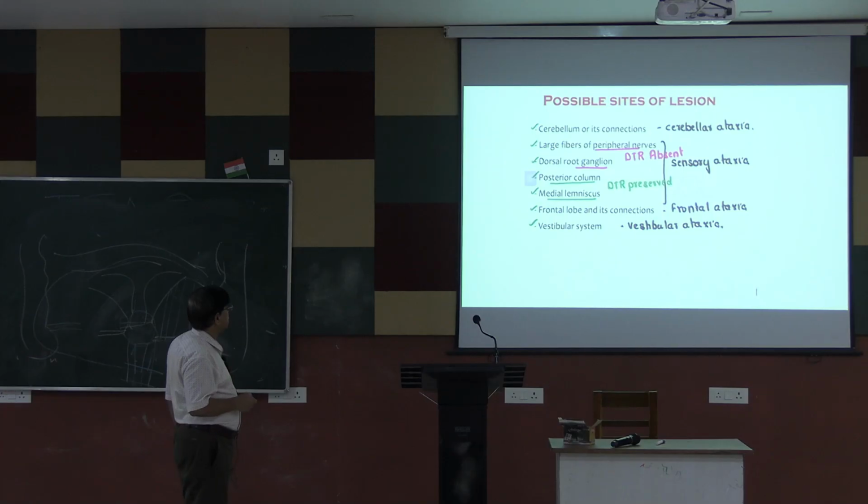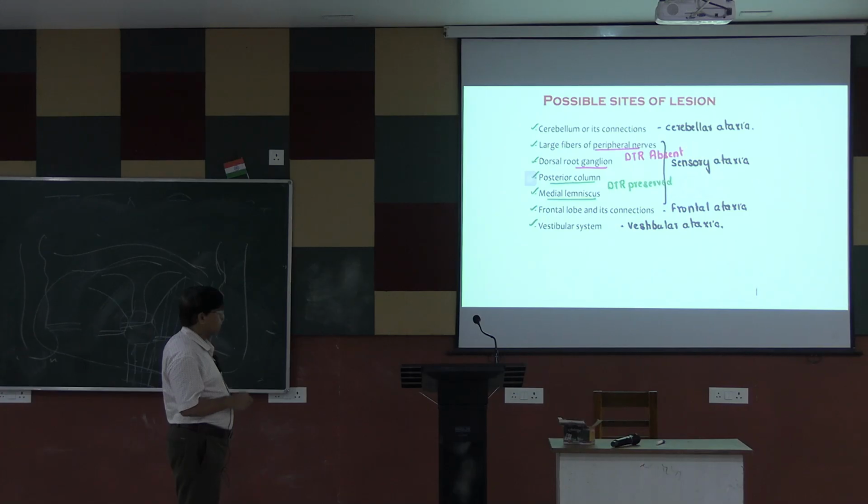When they are affected, there will be ataxia. So ataxia may be in cerebellar lesions or in posterior column lesions, and also in the large fibers, peripheral nerves, dorsal root ganglia and medial lemniscus. All these lesions can cause disturbance in posture and gait. They are called sensory ataxias.